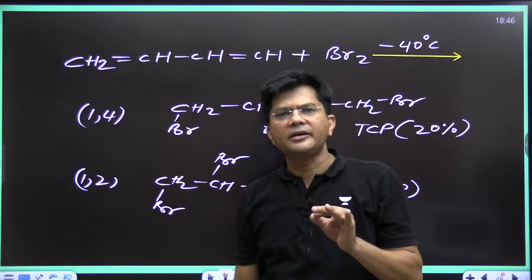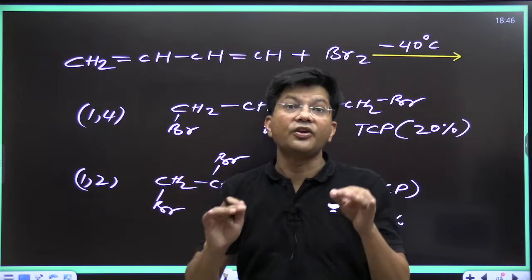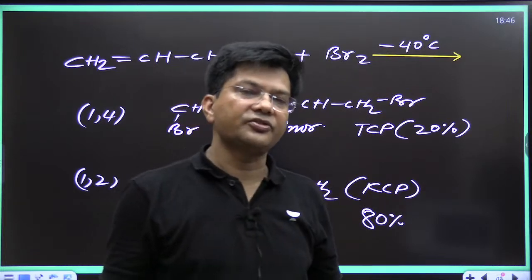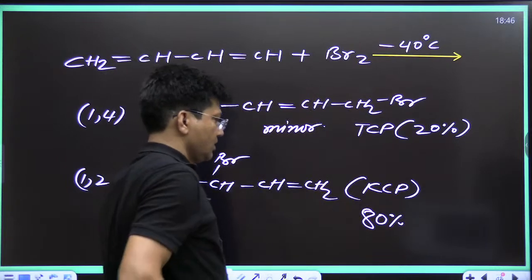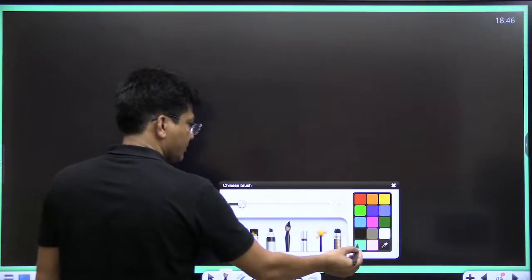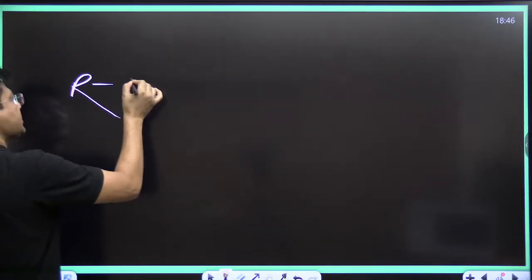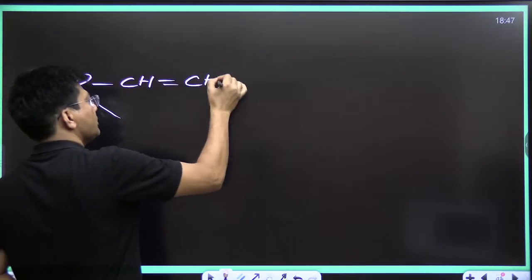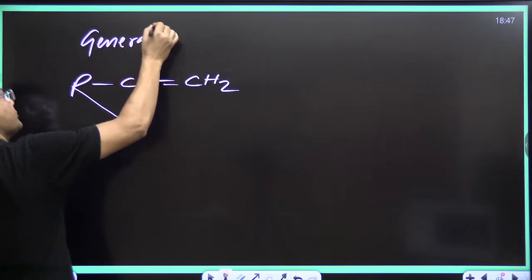Earlier I explained the addition of HX. Now this is the addition of X2, and there is something very interesting in addition of X2. My dear friends, remember that whenever any reaction is given like this, let me tell you the general mechanism first of all, otherwise you won't be able to understand the chemistry.